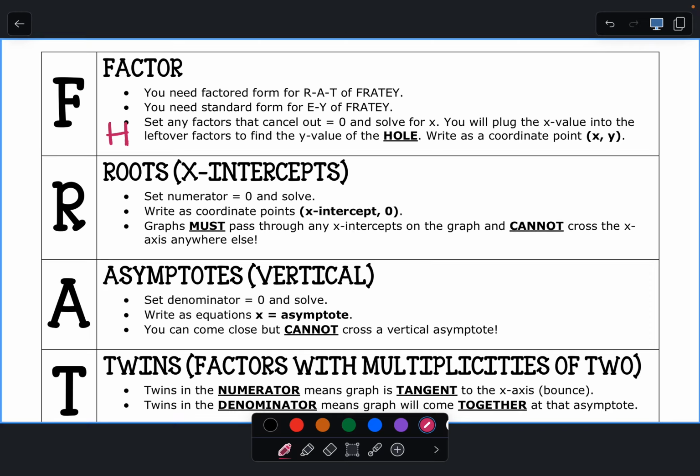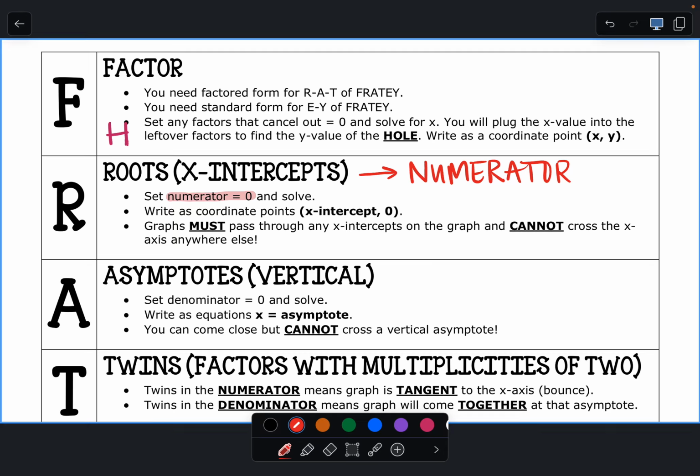The next thing we do is we get roots. Roots are going to come from our numerators. So I want you really big next to where it says roots, I want you to write numerator. So anytime you are trying to find an x-intercept, you need to be looking at the numerator, not the denominator.